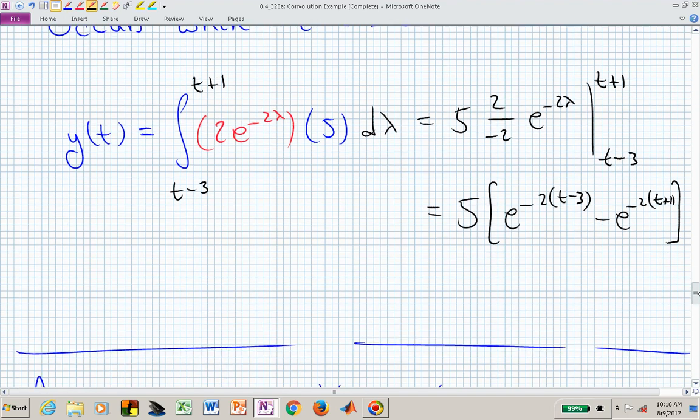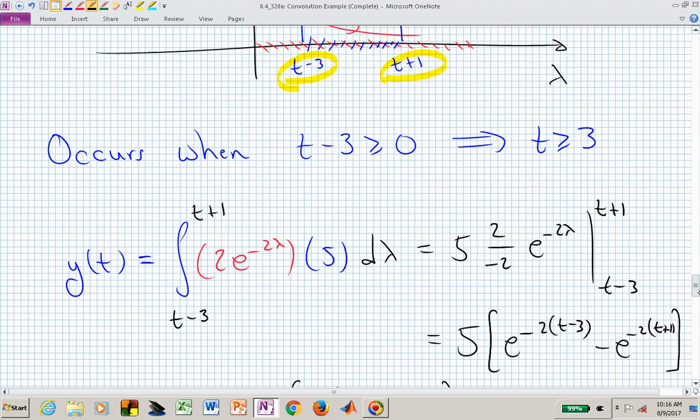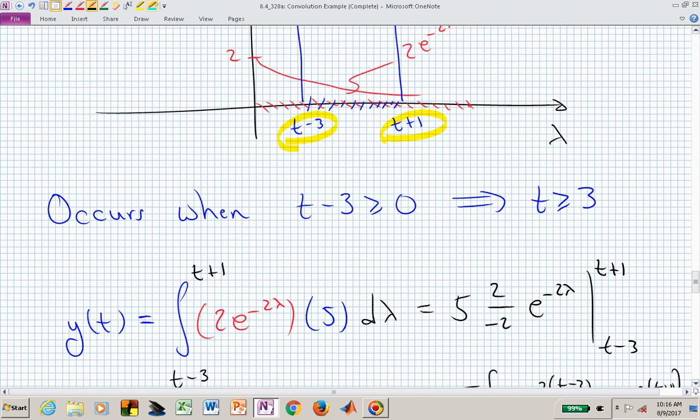And again, if we factor out e to the minus 2t from all of that, we would have 5 e to the minus 2t, and we're left with the first term being e to the 6, and the next term is minus e to the minus 2, and that's true for values of t that are bigger than 3.